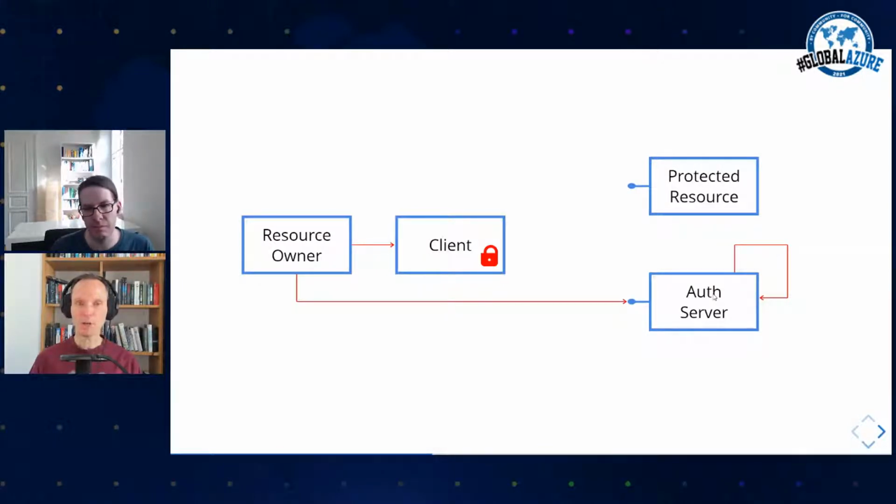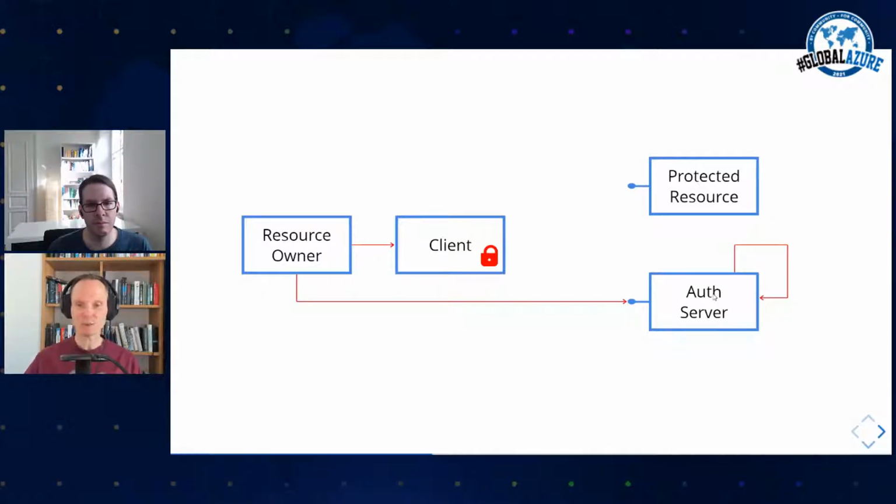I think, Simon, you are referring to things like the implicit flow and things like that, right? Implicit, hybrid, yeah. So keep that in mind. If you are building web apps and you are still using implicit flow and things like that, be prepared for some changes. You should really think about migrating to more modern flavors of OAuth and OpenID.